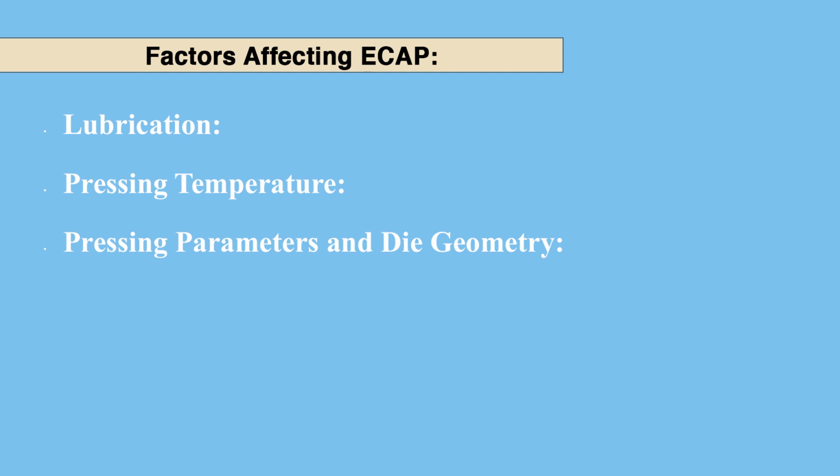Pressing temperature: the temperature must be carefully controlled to prevent dynamic recovery, while ductile materials like aluminum and copper can be processed at room temperature. Harder materials may require high temperature. Pressing parameters and die geometry are critical to achieve the desired grain size and mechanical properties. Proper control ensures consistent results.